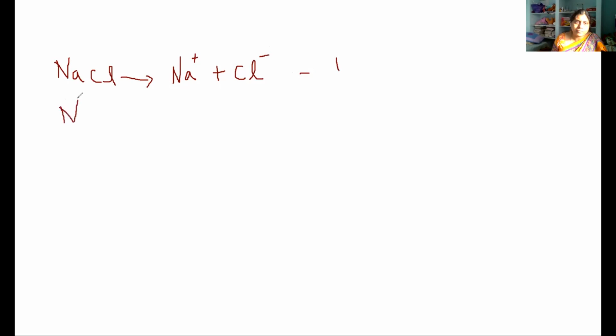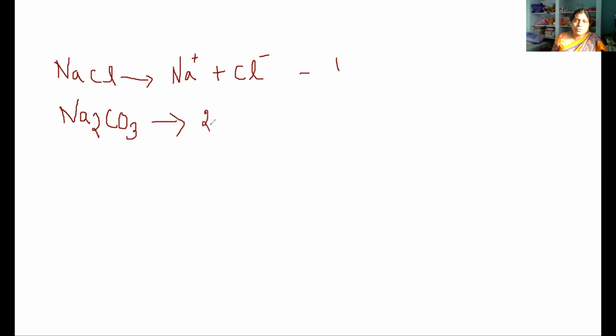Na2CO3. How will it split? 2 sodiums are there, okay? For 1 sodium, 1 positive charge.